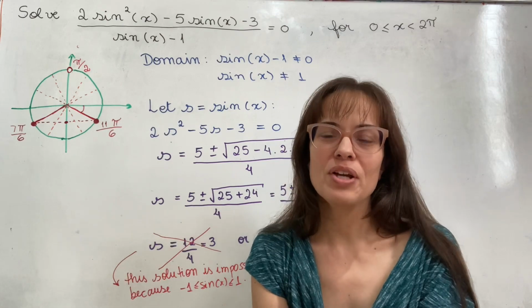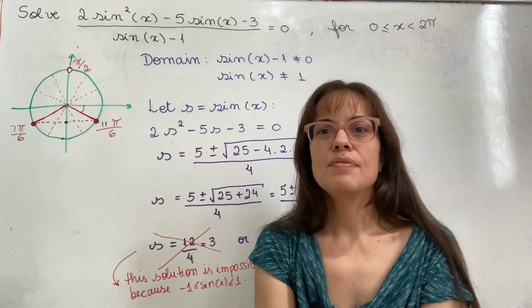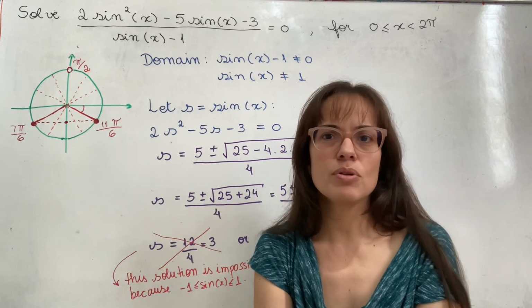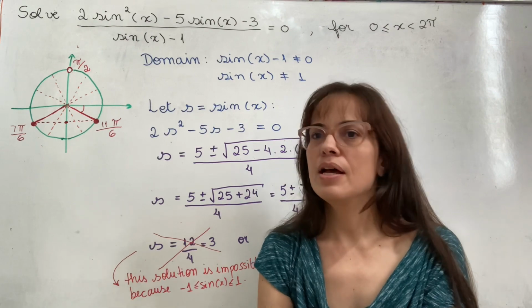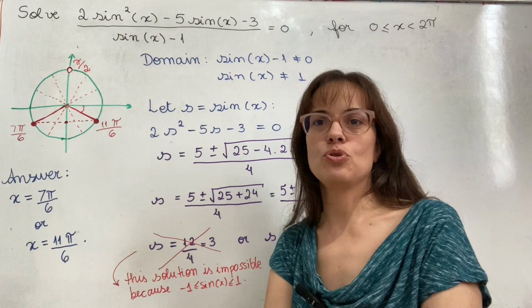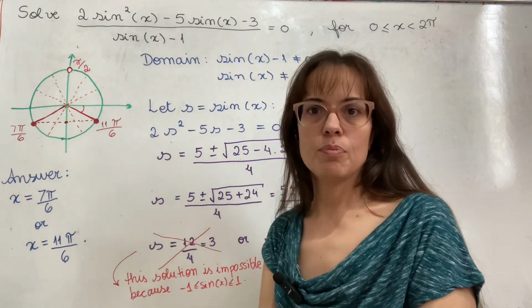So guys, I know there's probably way smarter ways to come to that conclusion than just counting up slices of pizza. I'm not looking for smart. I'm just looking for the right answer quickly, and that is the way that I do it. So those are the two answers to our equation, 7 pi over 6 or 11 pi over 6.